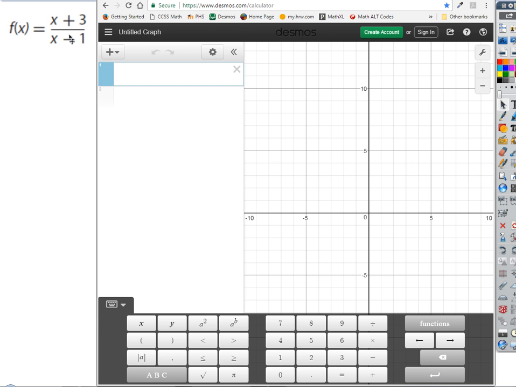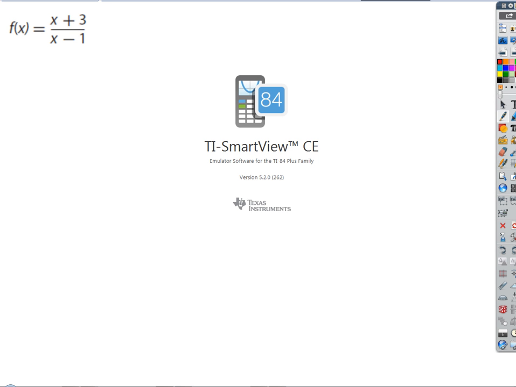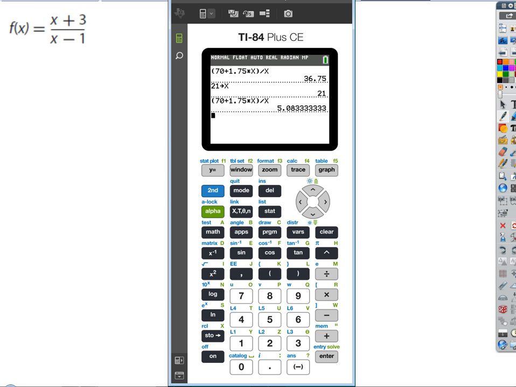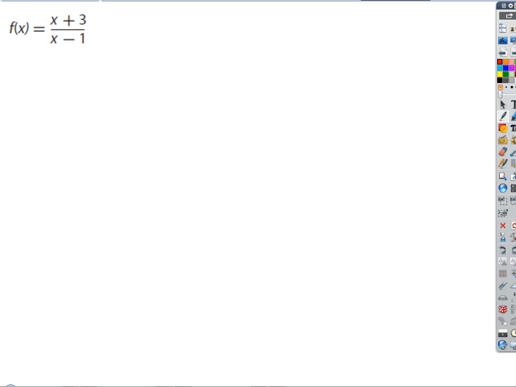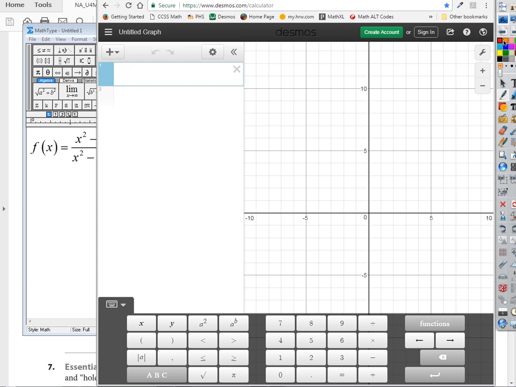So that's one point that we know for sure it's going to go through. So one point we've got is -3, 0. But we don't know much else.